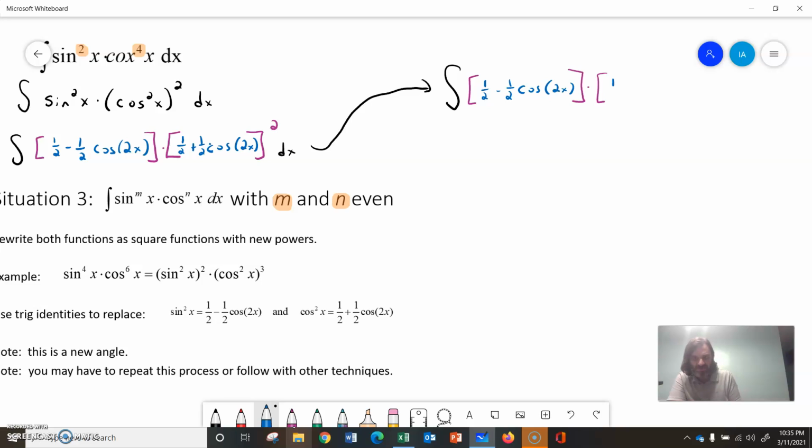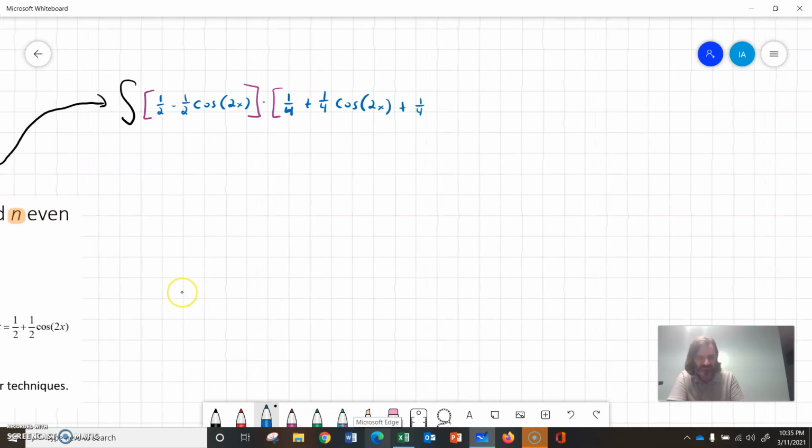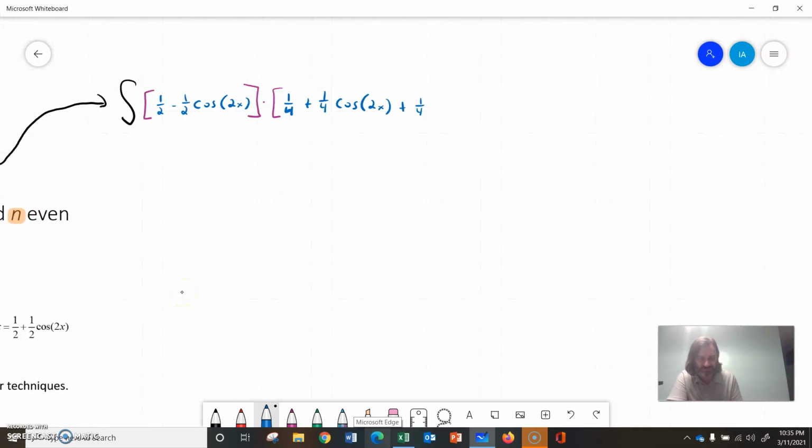But 1/2 times 1/2 is 1/4 plus 1/4 cosine of 2x plus 1/4 cosine of 2x plus 1/4 cosine squared of 2x.